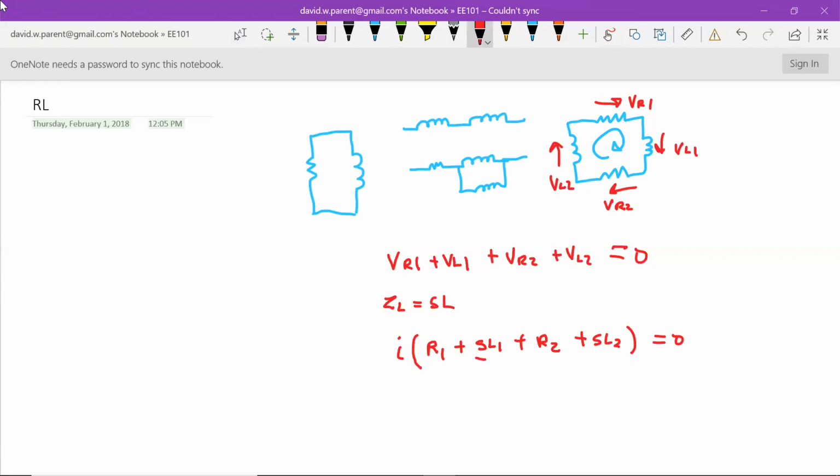Well, think about it. I can combine that into S times L1 plus L2, and see, that means it's just first order.